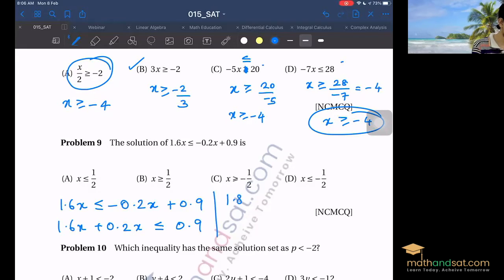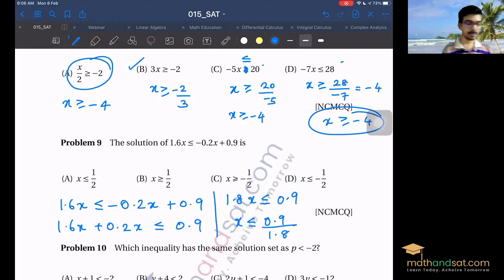So 1.8 times x less than or equal to 0.9. Now you divide the entire expression with 1.8. Your x is less than or equal to 0.9 divided by 1.8. 0.9 times 2 is 1.8 because 9 times 2 is 18. So this expression becomes 1 over 2.